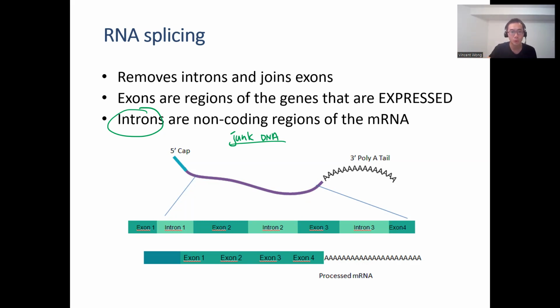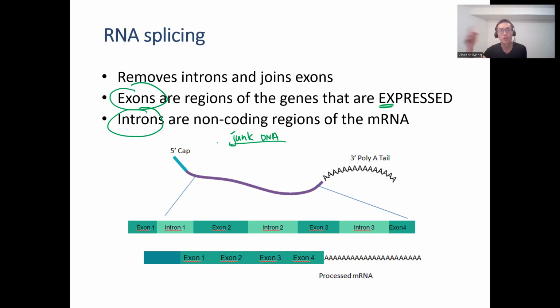And then you want to glue together the exons. The exons are the coding regions of the gene. They are the sections that are going to be expressed in the proteins. So in RNA splicing, you remove all the introns, all the junk DNA, and then you connect all the exons together. All right.